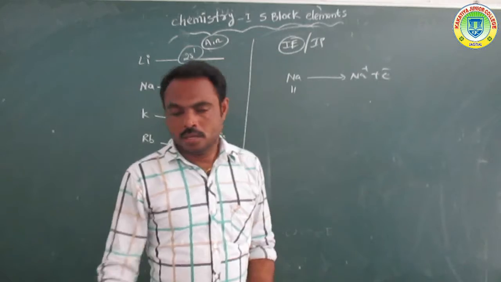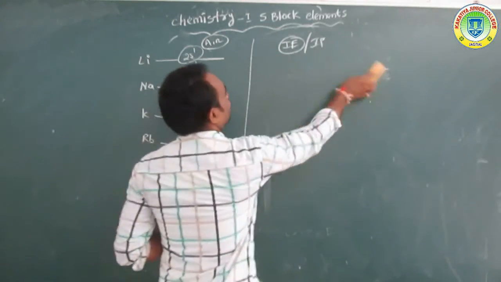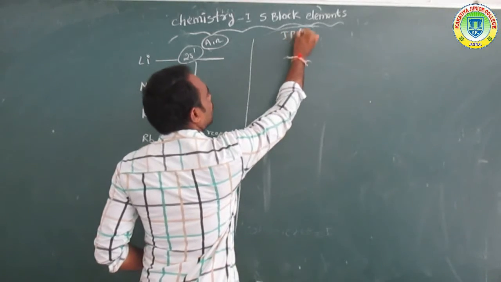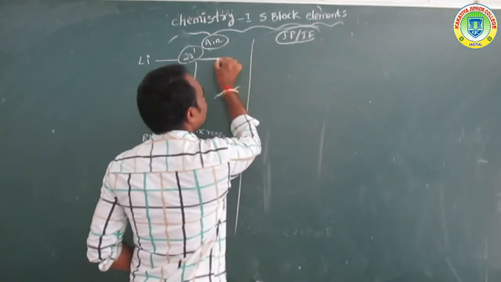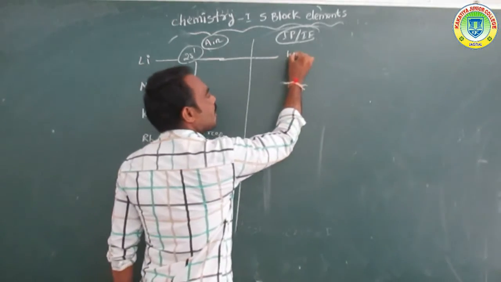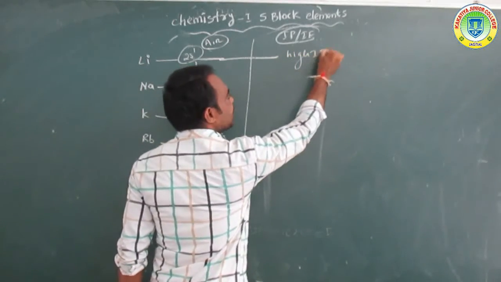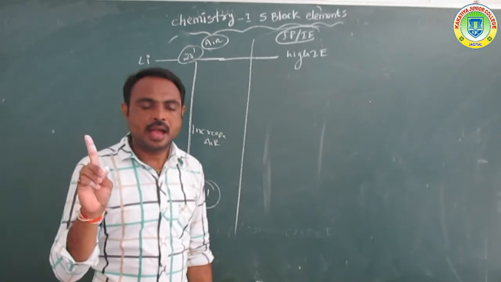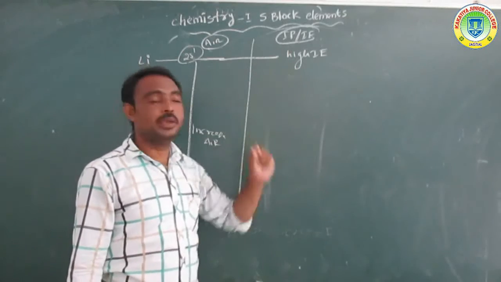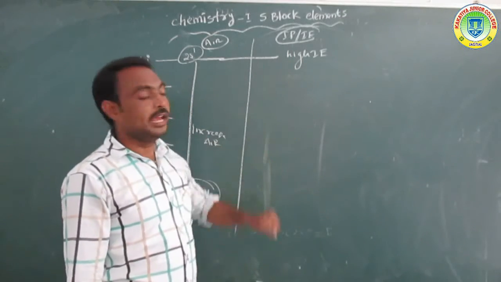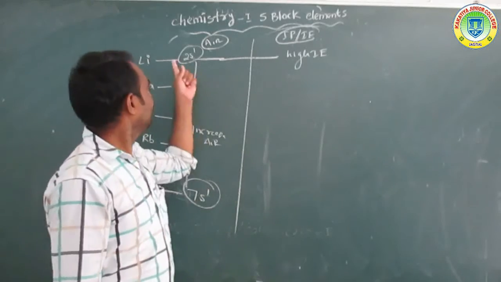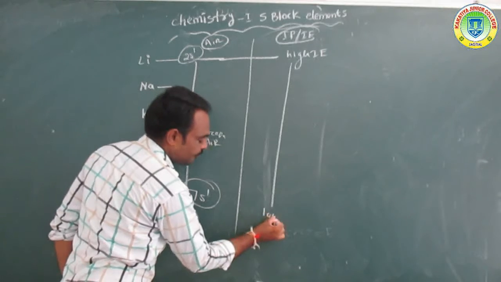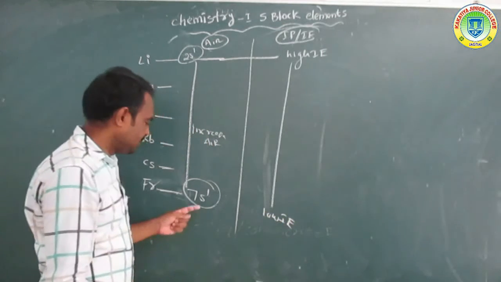Overall, in this group, very high ionization enthalpy value for the element lithium. Very high ionization enthalpy value for which element? Lithium. And very low IE value, which element?